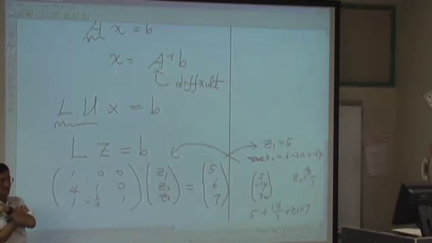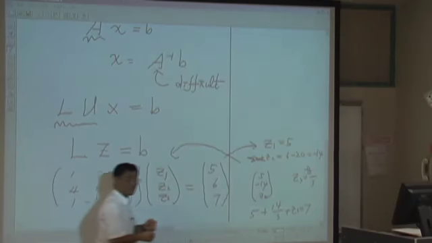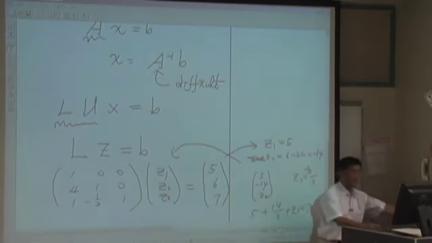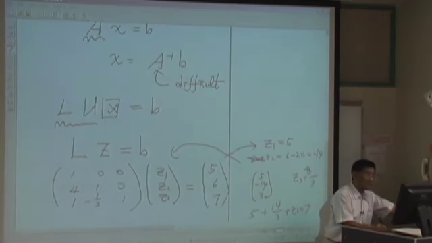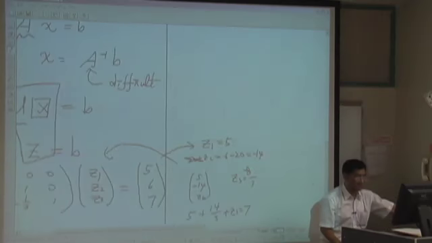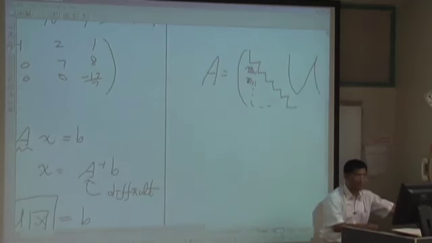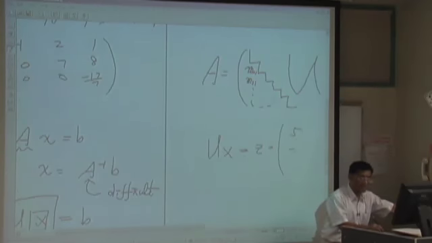So after substituting Z for Ux, we go back and find x from Z. After finding Z, it's not our goal. Our goal is finding x, right? So we have the relation Ux equals Z, and Z happened to be 5, negative 14, and negative 8 thirds.